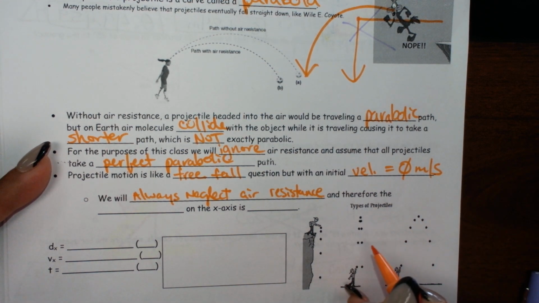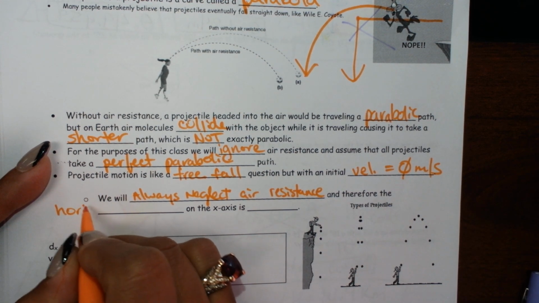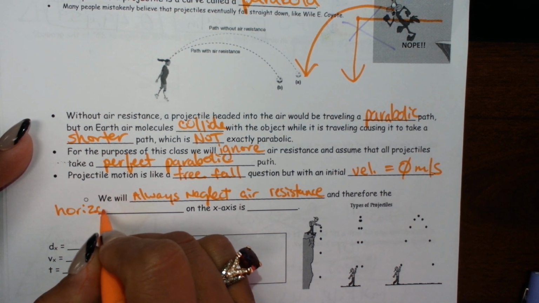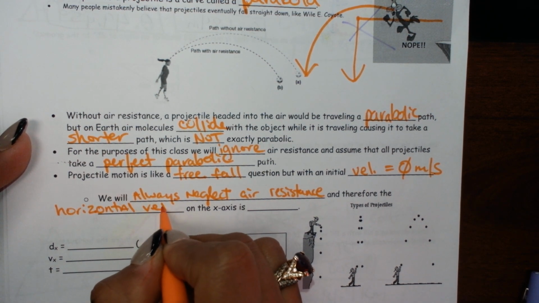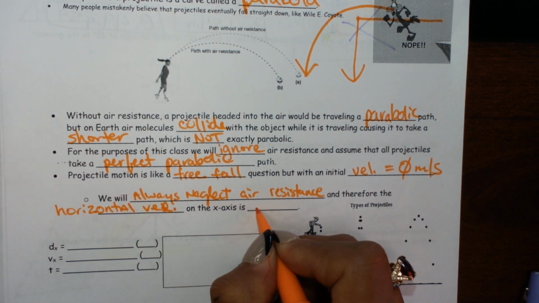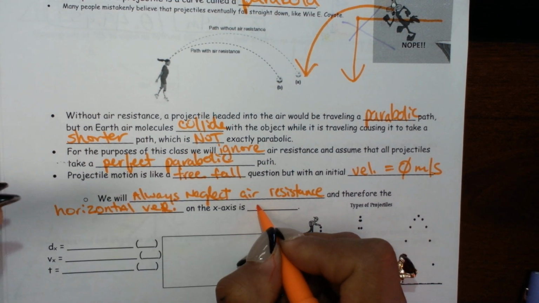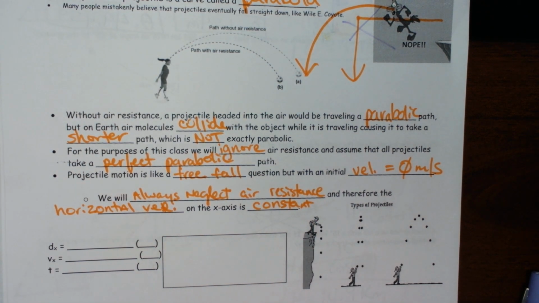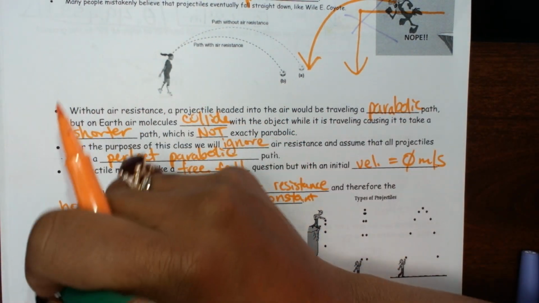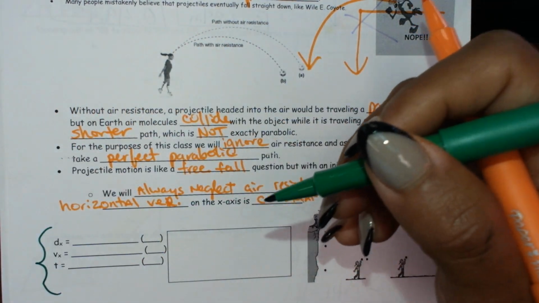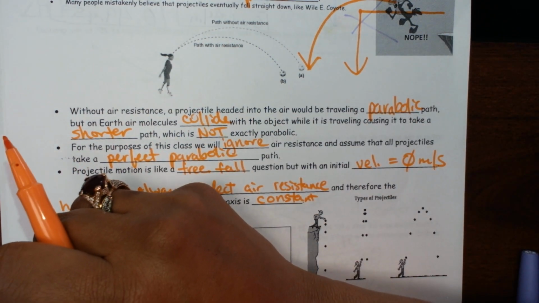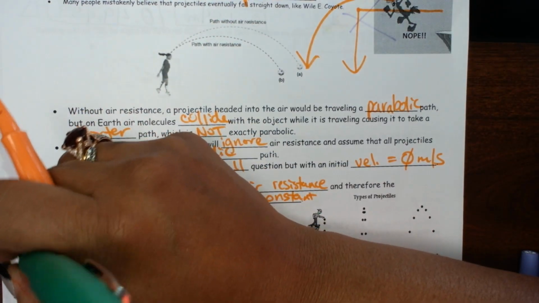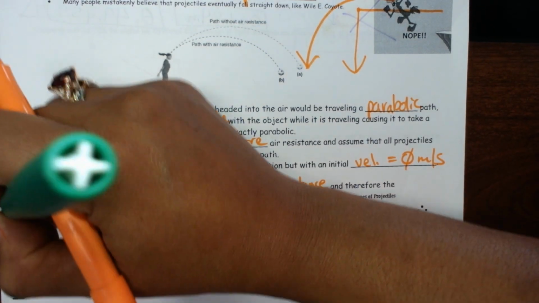And therefore, because we're going to start using the words horizontal and vertical now, the velocity on the x-axis, because that's sideways, horizontal, is going to be a constant number. And that will make more sense next week. So let's get started on this part right here. This equation is going to be the horizontal equation, on the x-axis.